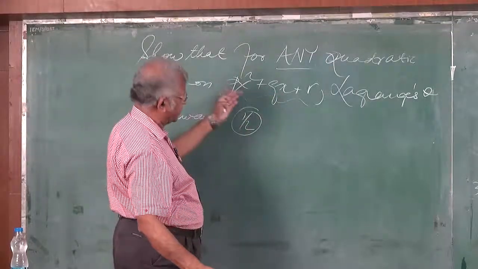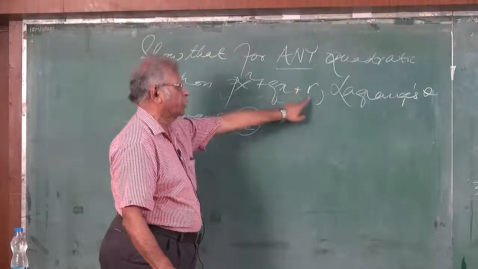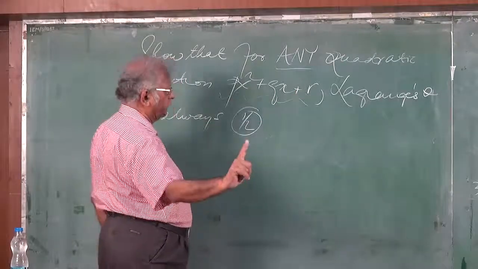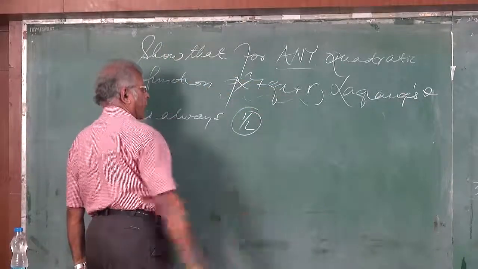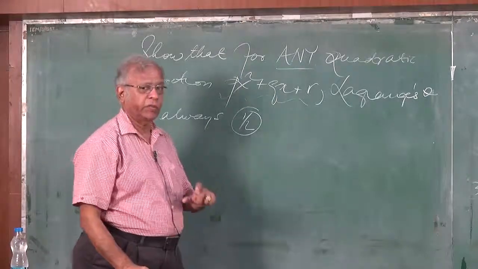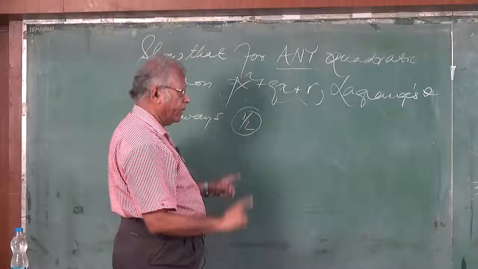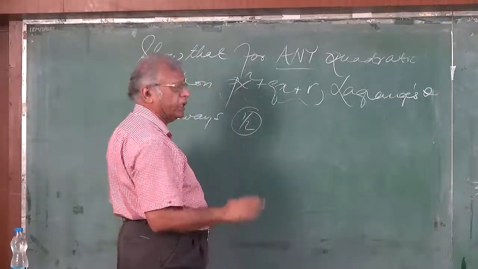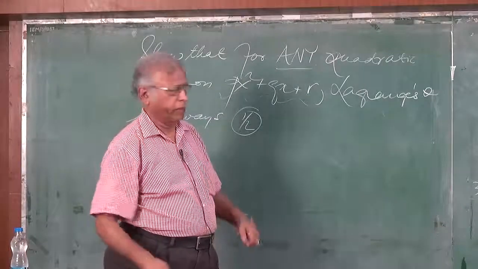For example, 3x square plus 2x plus 5 or 2x square minus 3x plus 2. Whatever are the values of p, q and r, it only has to be a quadratic function, and Lagrange's theta, in other words, the theta of Lagrange's mean value theorem is always half. And independent of one more thing, and that is the interval that is chosen for the Lagrange's mean value theorem.